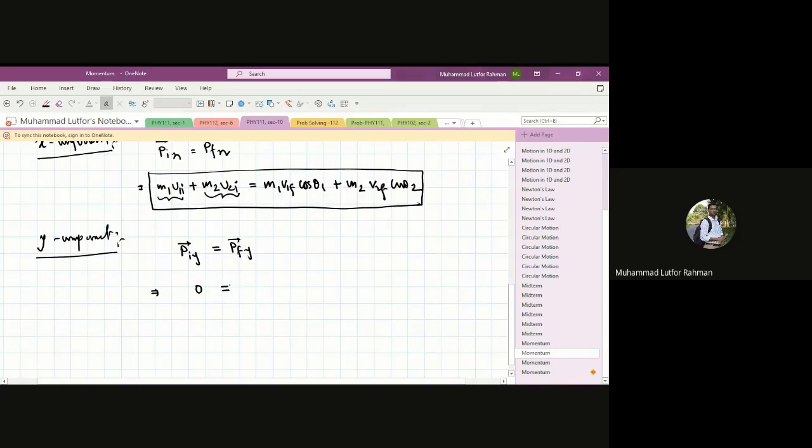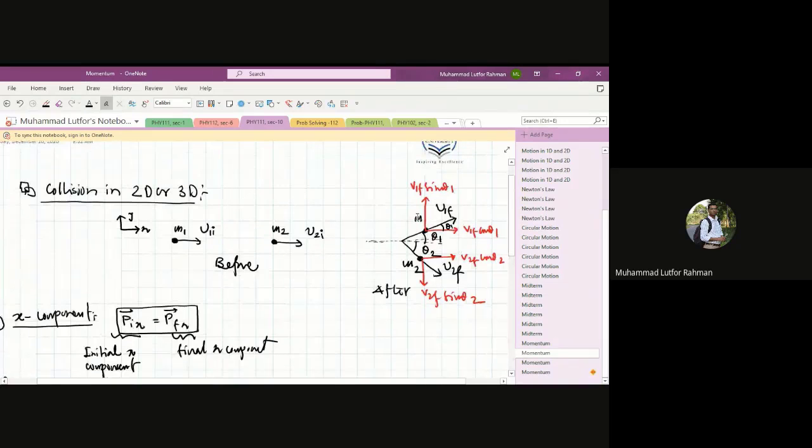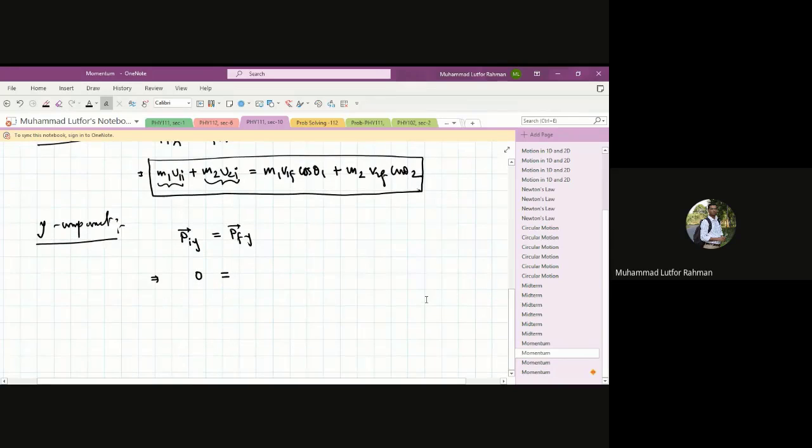Now for the final momentum: M1 is moving with momentum in the positive y direction and M2 has a component in the negative y direction after the impact. So I'll write this as M1 V1F sin theta 1 minus M2 V2F sin theta 2.